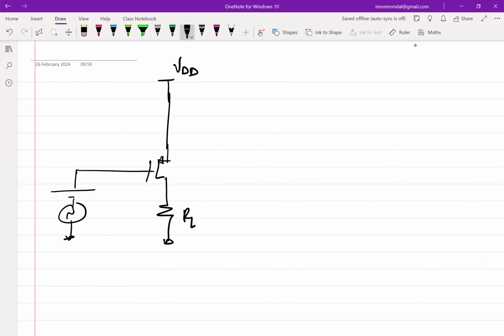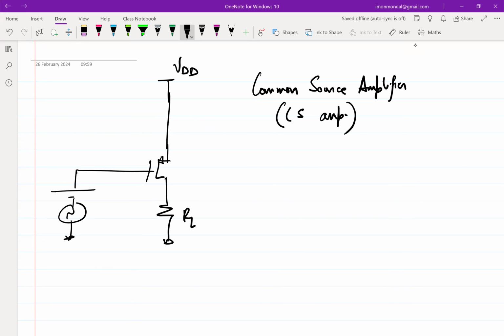So there is a nomenclature for this structure. This structure is called common source amplifier. I'll qualify why it is called that shortly.